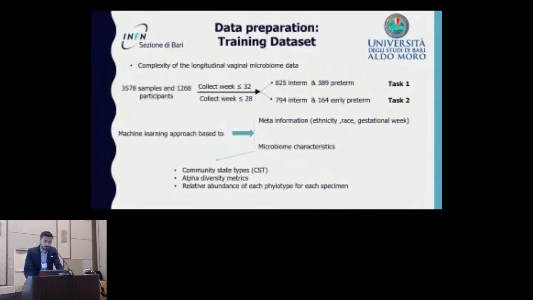The data that we considered were longitudinal data, in the sense that there were multiple samples collected from the same individual at several gestational weeks.